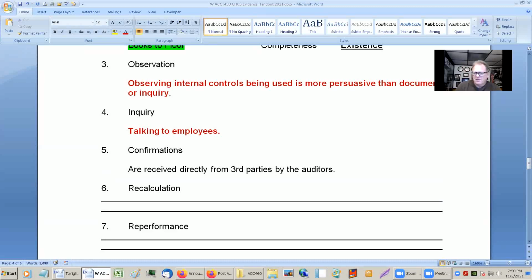So bank cutoff statement, bank confirmation, end of the period bank statement, accounts receivable confirmation, accounts payable confirmations.